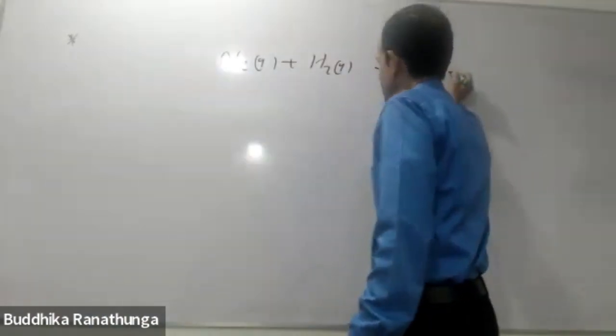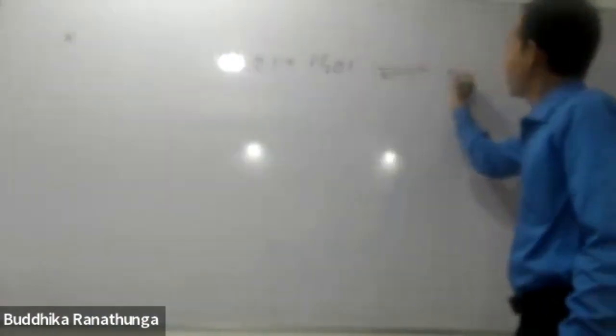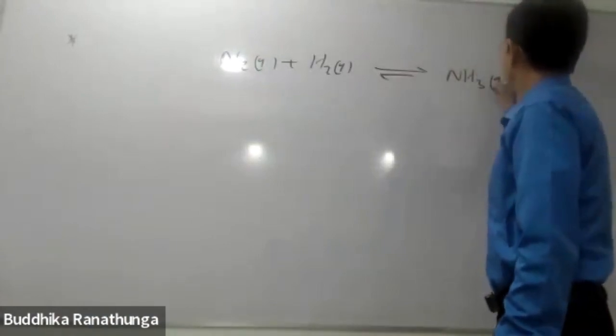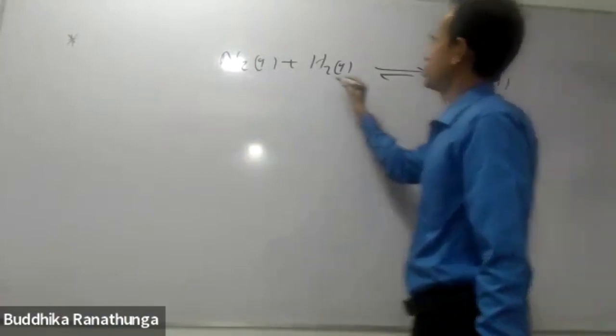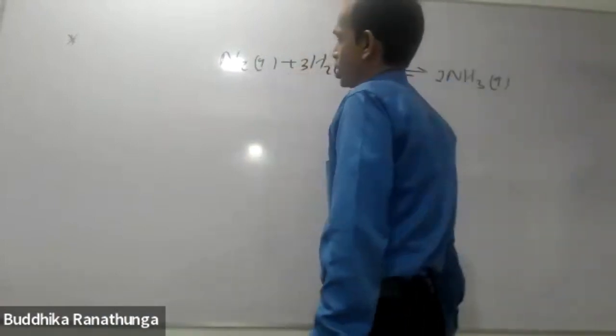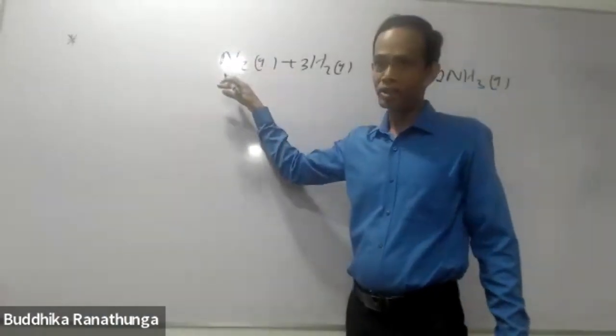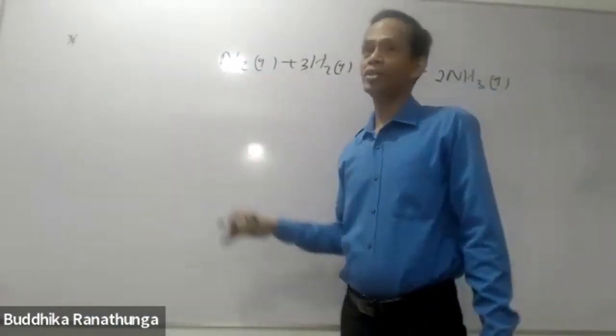This reaction is a reversible reaction, right? Ammonia gas. Then what has to be the raw material? Nitrogen gas and hydrogen gas.